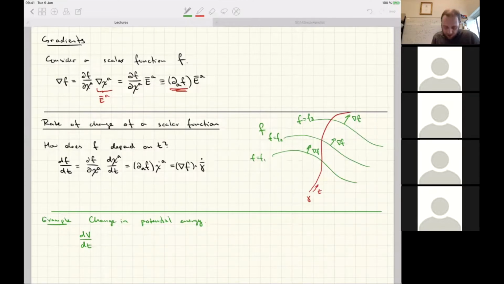The change in the potential with time, I can write as the gradient of the potential times dx/dt, which is essentially equal to minus the force, because the force is the gradient of the potential with a minus sign, and dx/dt in that case is the velocity, if I let t be time. So this is telling you that the change in the potential is minus the force inner product with v, which is essentially the work done per time.